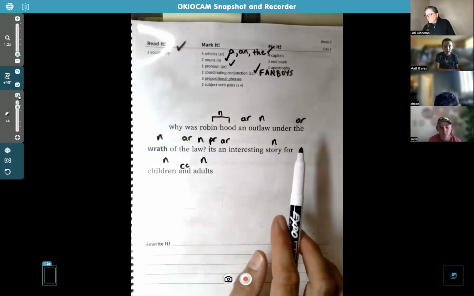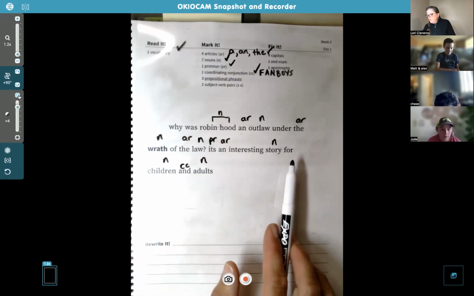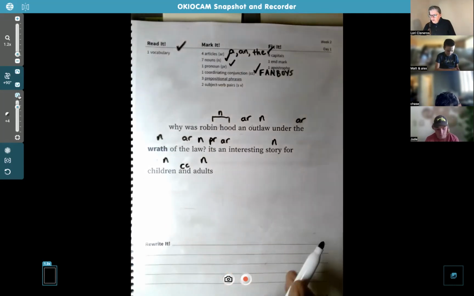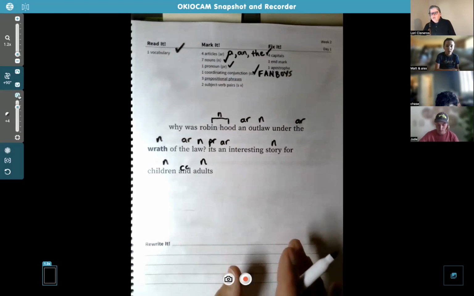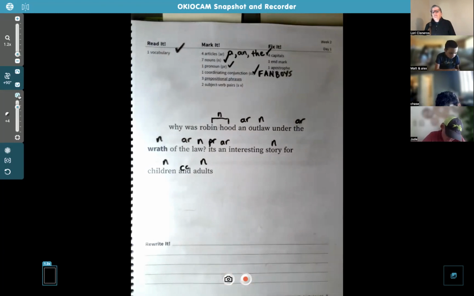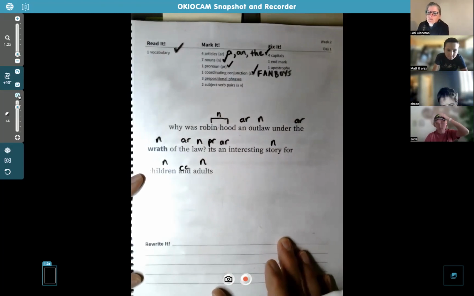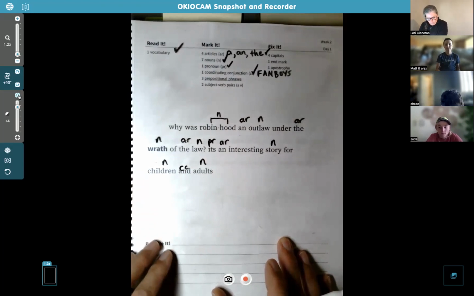So what I recommend is starting to look for things like under or of or for. Do you see any of those words in there? And "for children and adults," the preposition.